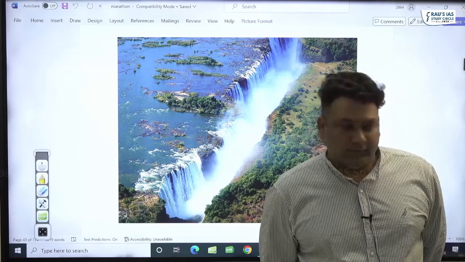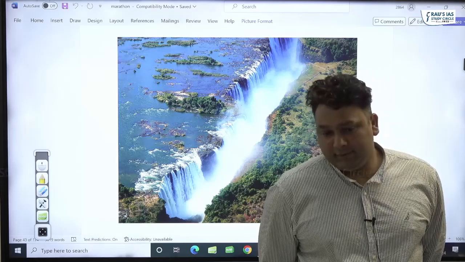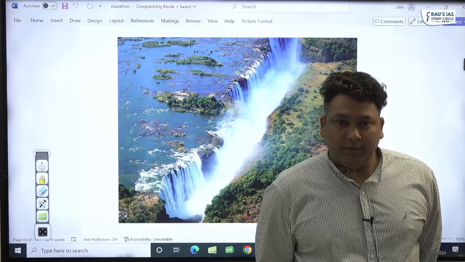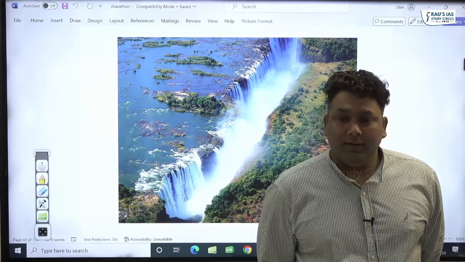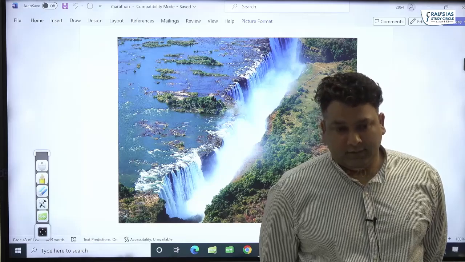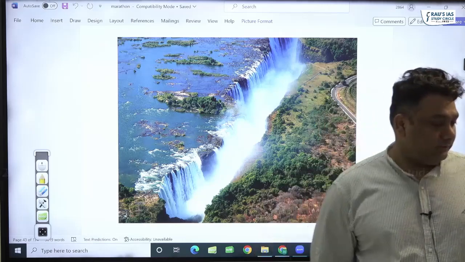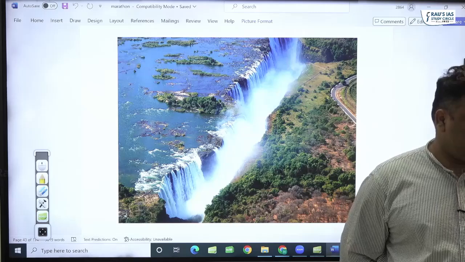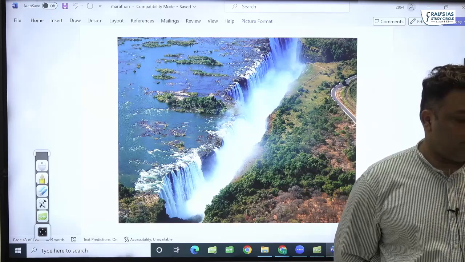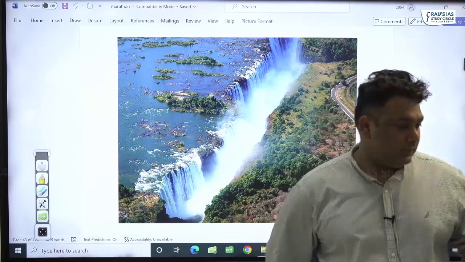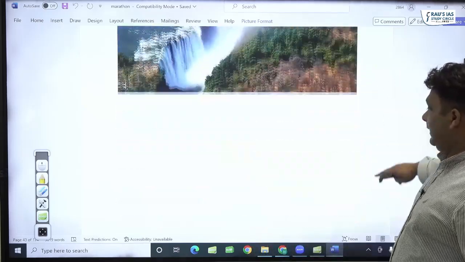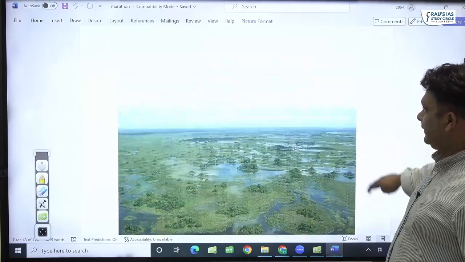It is created when the Zambezi flows into the rift created by tectonic activity. Of course, it's also a World Heritage Site.